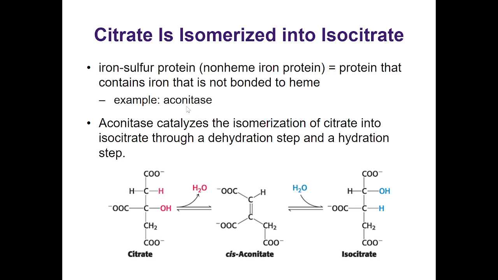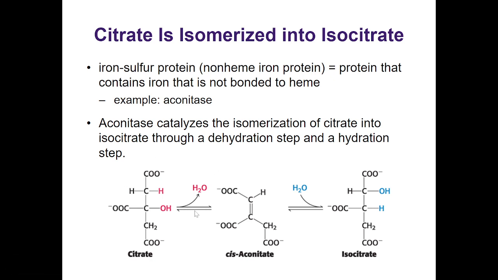One of the examples is aconitase. So aconitase catalyzes the isomerization of your citrate into isocitrate. This is going to be through a dehydration step and then a hydration step.